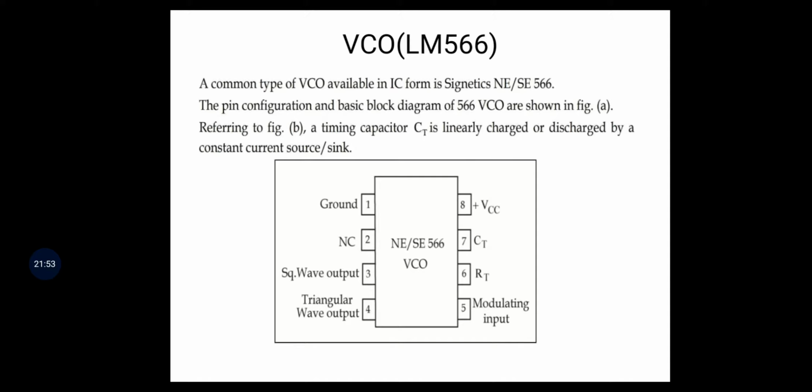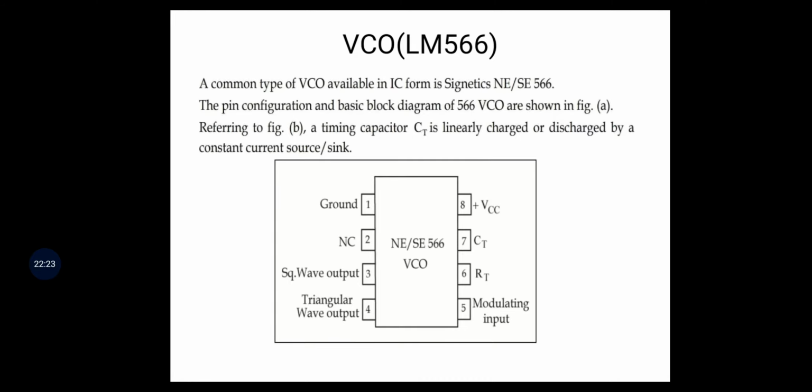Again we explain. The LM566 IC is in dual in line package form. It has 8 pins. First pin is ground. Second pin is NC, no connection. Third pin is square wave output. Fourth pin is triangular wave output. Fifth pin is modulating input.